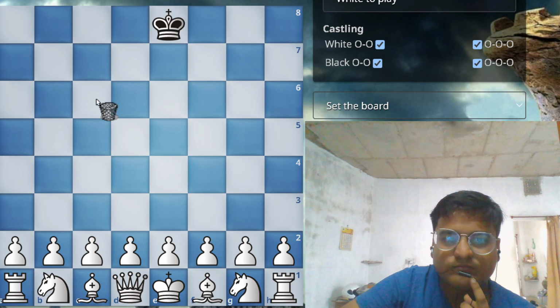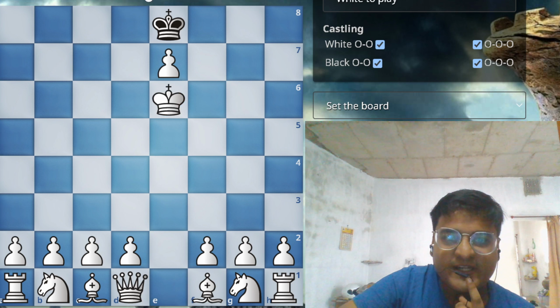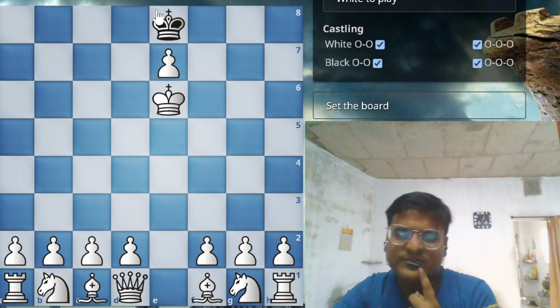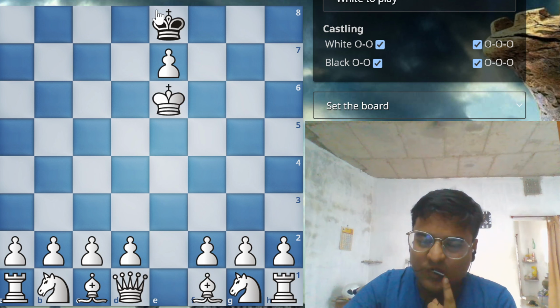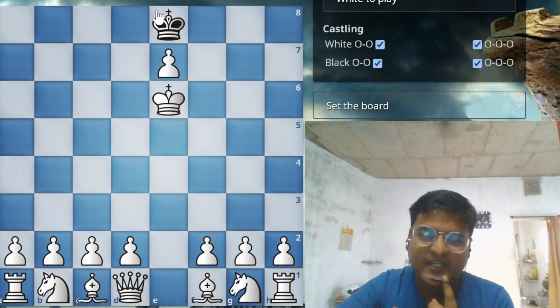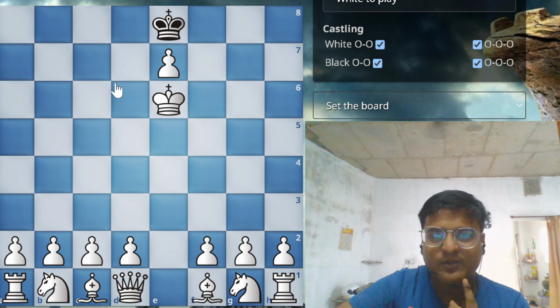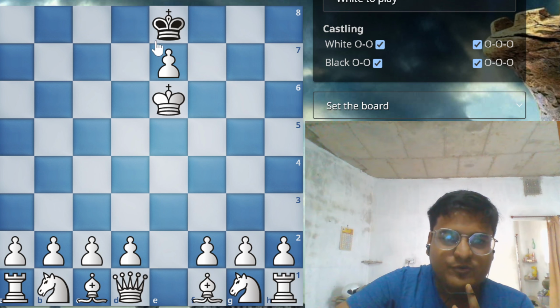Now what is left? Suppose this is the position. Somewhat like this position happens. Now this is stalemate. What is the difference between stalemate and checkmate? The basic difference is that in checkmate we won, and in stalemate the game is drawn. The game is drawn. So how is it drawn?